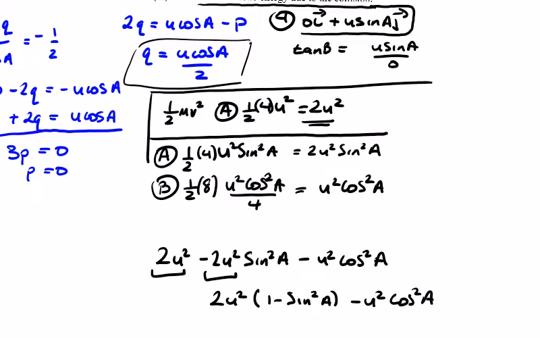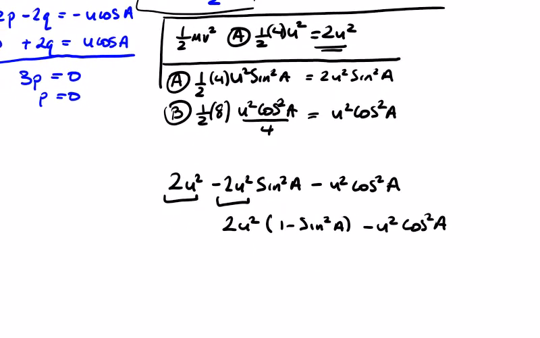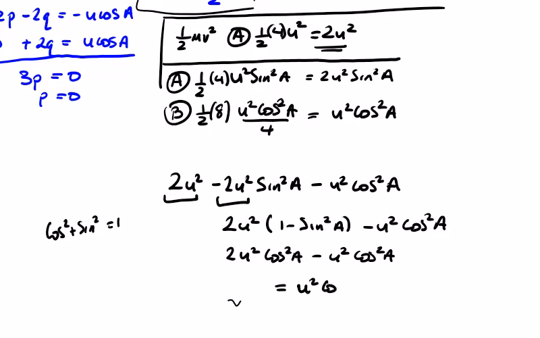Cos squared plus sin squared equals 1, so 1 minus sin squared is cos squared. So we have 2u squared cos squared alpha minus u squared cos squared alpha, which is just equal to u squared cos squared alpha.